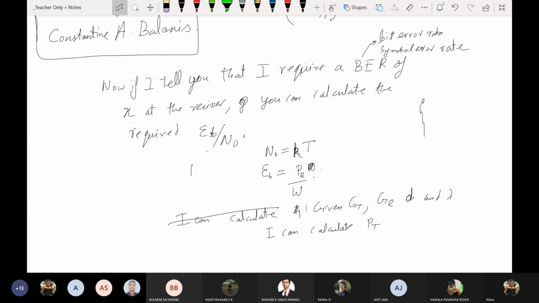Agreed? Or I can tell you, given that this is the configuration, how much power should I transmit so that I am able to achieve a better symbol error rate given by this. Makes sense?